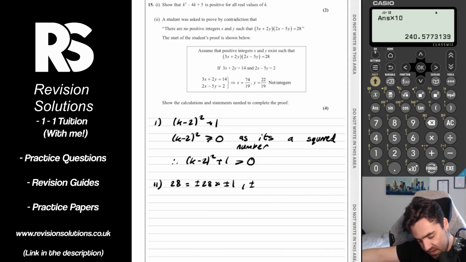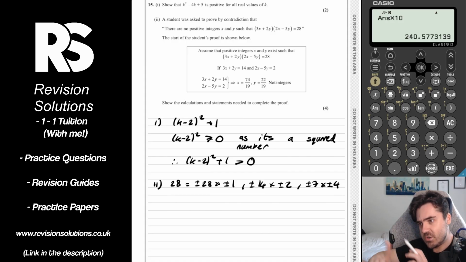It could be plus or minus 14 times plus or minus 2. And it could also be plus or minus 7 times plus or minus 4. And bearing in mind, we've also got to prove each, like 28 and 1 as well as 1 and 28. So we can assign each number to each bracket individually. So there's double the amount of pairs. That would be a lot of options.